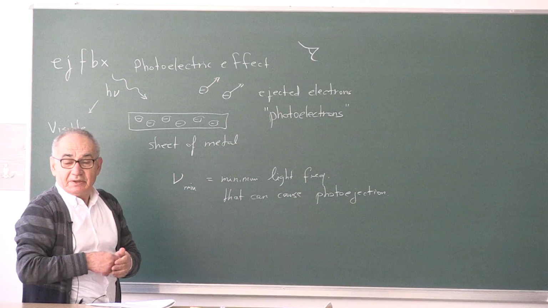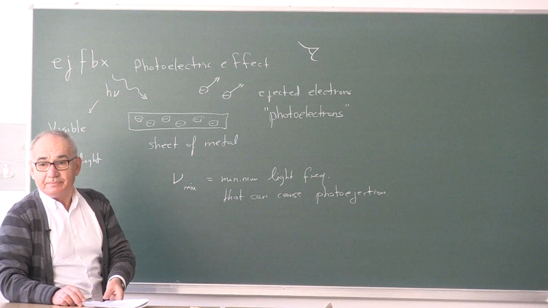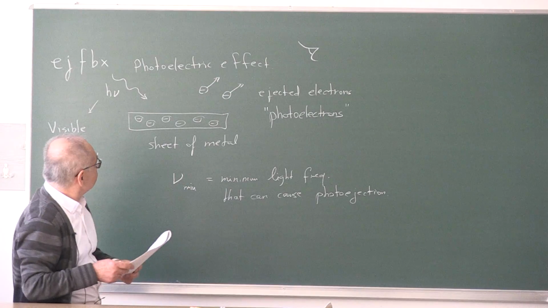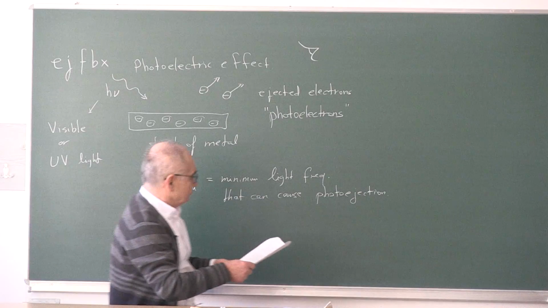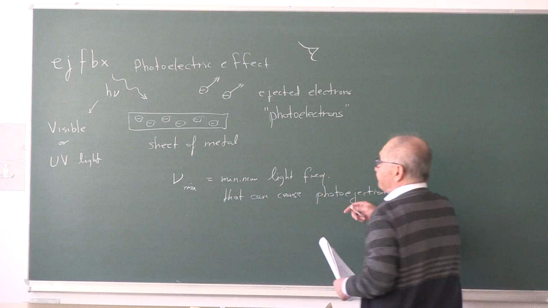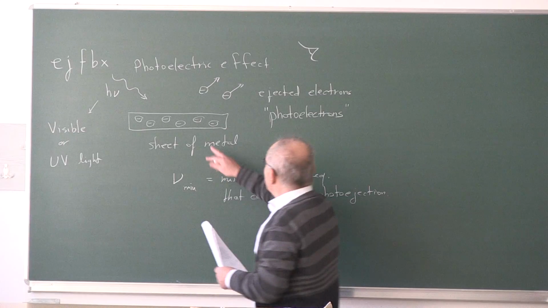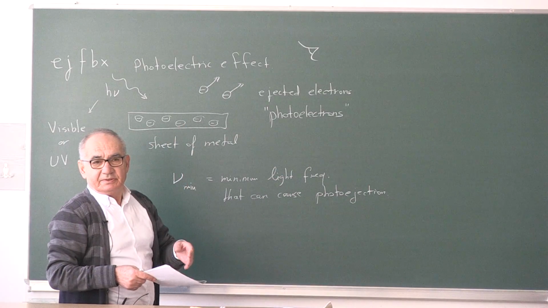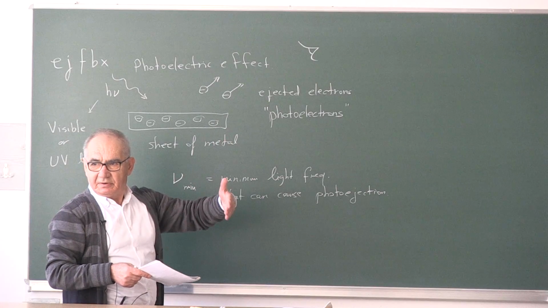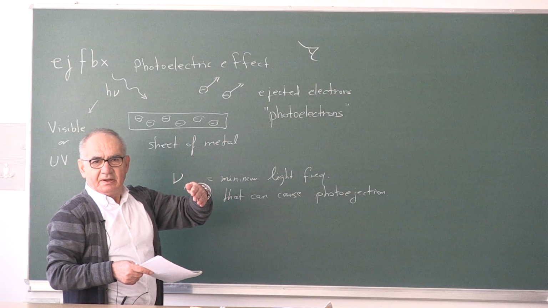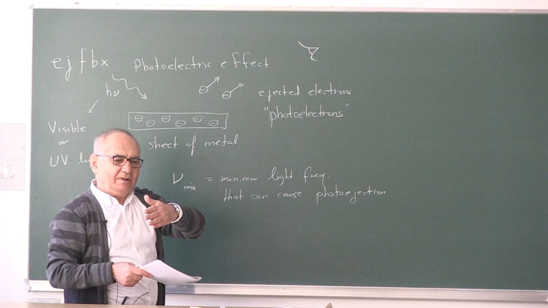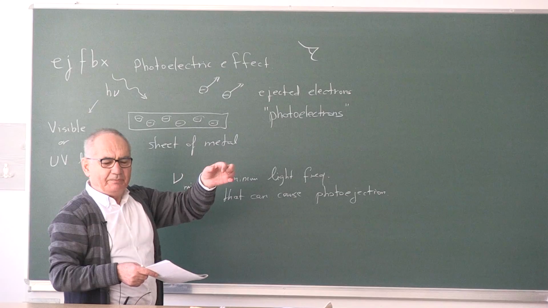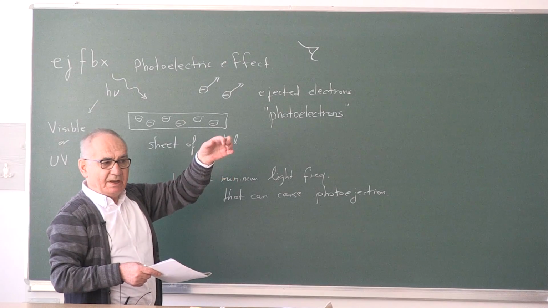Okay, now how to interpret, how to theoretically justify what's happening here. Well, the electrons inside the metal are trapped into the metal, and just like any other substance, these electrons will have a set of allowed energy levels.